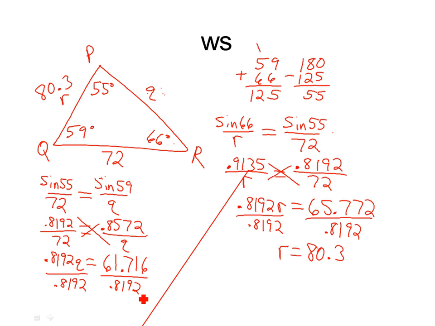And again, you can leave it on your calculator and just hit divided by 0.8192, and it's going to tell you that little q is somewhere, and I'll round this off, somewhere around 75.3.